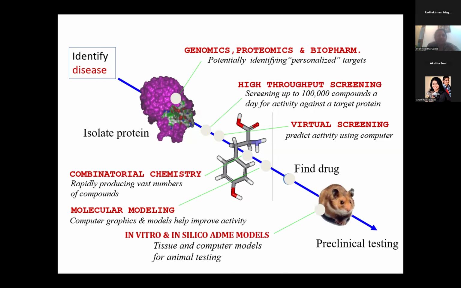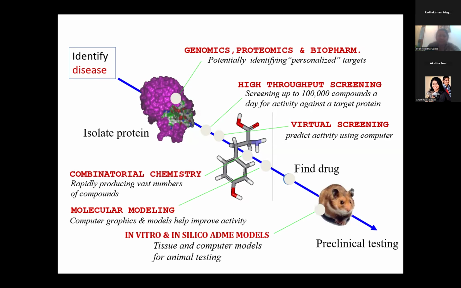Then the combinatorial chemistry comes into the picture, rapidly producing vast number of compounds having a particular activity which has already been identified with the help of high throughput screening, where millions of compounds may be screened with the help of computational tools.